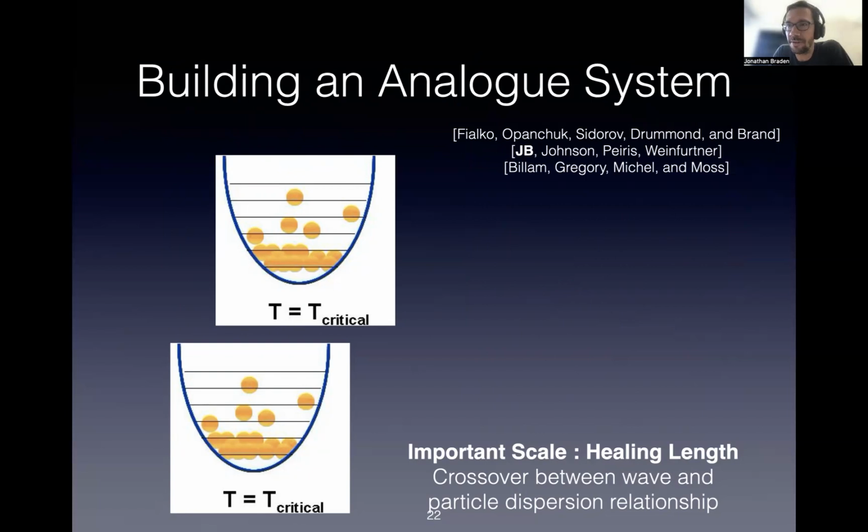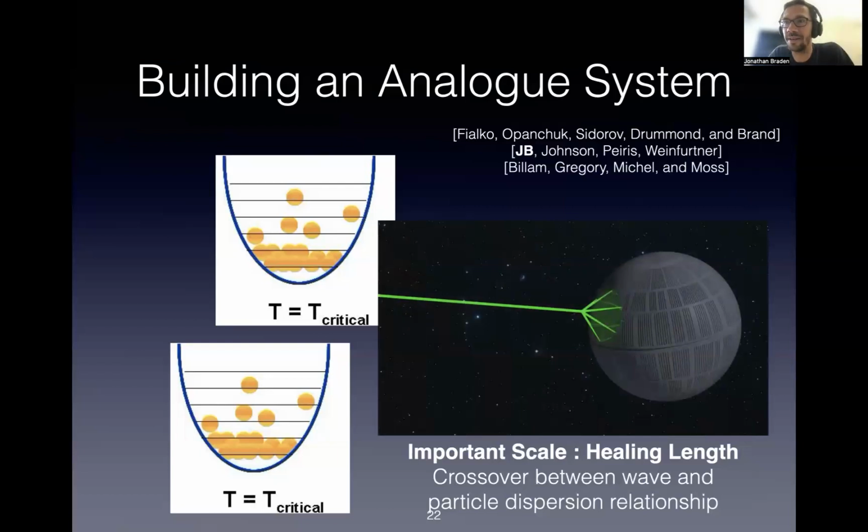So what I want to do is I'm going to take two different BEC systems and I'm going to cool them both down to a very, very low temperature. So they're going to condense into the Bose condensed state, okay? And so now I have these two BECs happily sitting together and they're not talking to each other, okay? And then I'm going to come along and I'm going to couple them together.